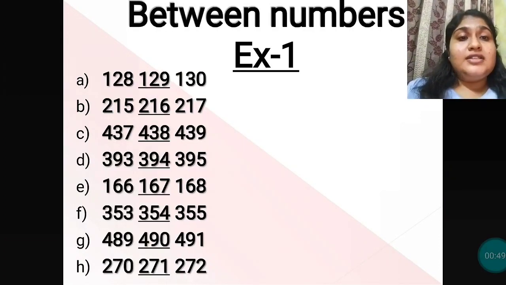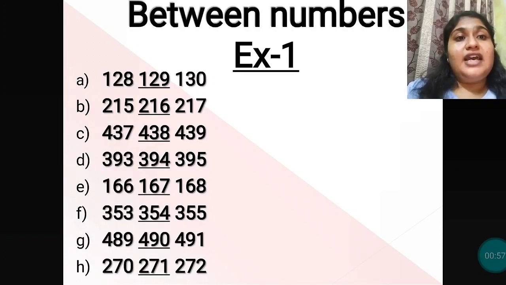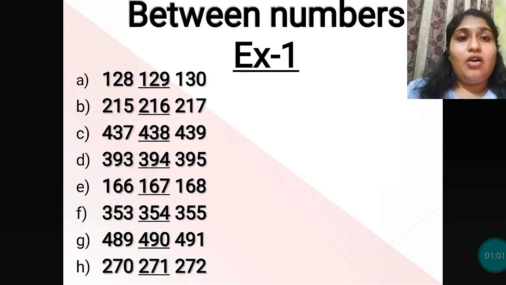So students, start writing. First one, 128 के बाद क्या आता है? 129 and then after that 130. So 129 is the between number of 128 and 130. Next 215.